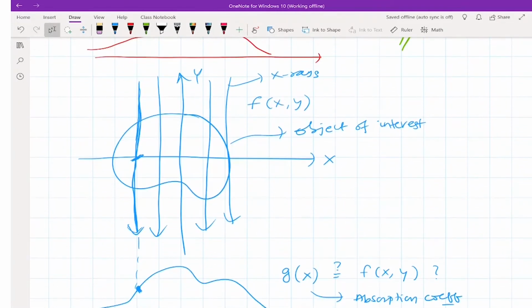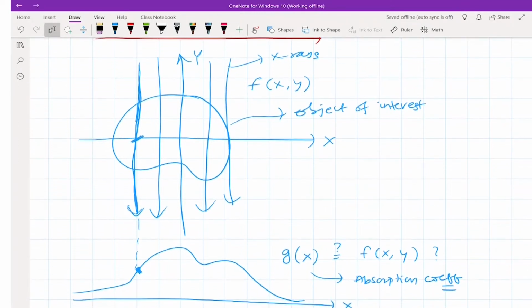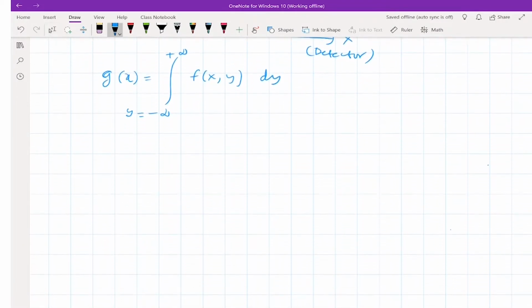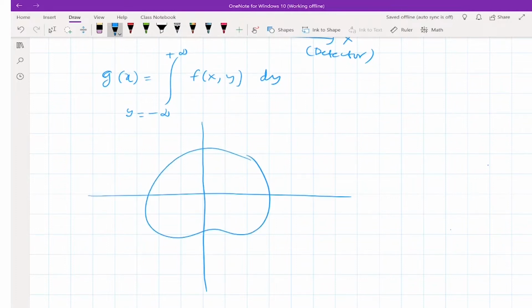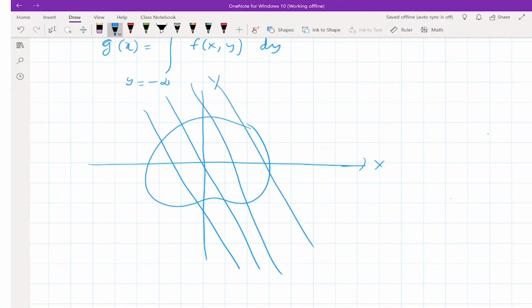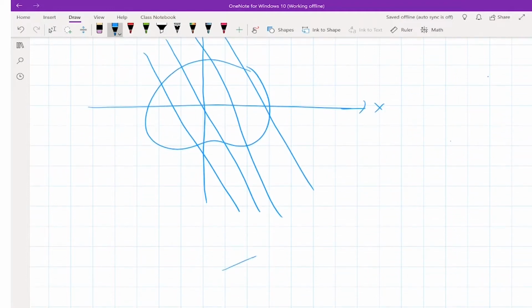What we will do now is generalize the angle at which we are projecting these parallel lines to some angle theta. Let's draw that out for clarity. This is your x-axis, this is your y-axis. Assume that I am projecting them in this direction, and that is giving me some profile here.